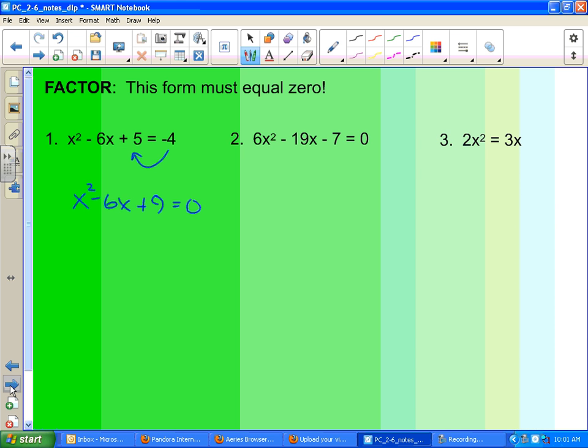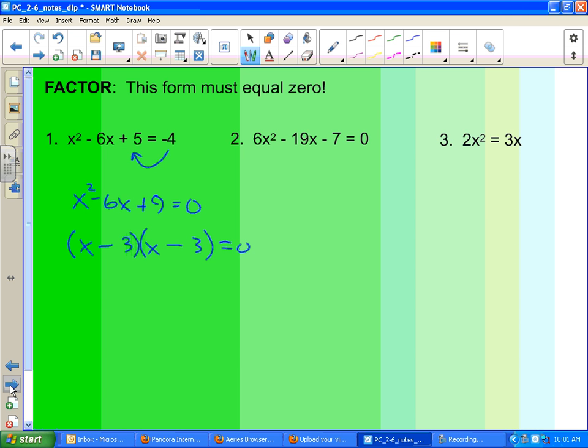This type of quadratic actually has a special name. So you're going to decide, are you an X-box person, a borrow from the cloud person, or a trial and error person? You're going to decide which one you are. And this would factor into x and x. Factors of 3 and 3 give me the 9. But I want it to be a -6, so they have to both be negative. This is what's called a perfect square trinomial.